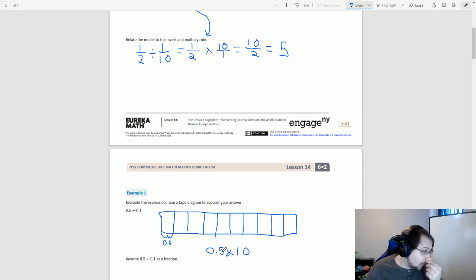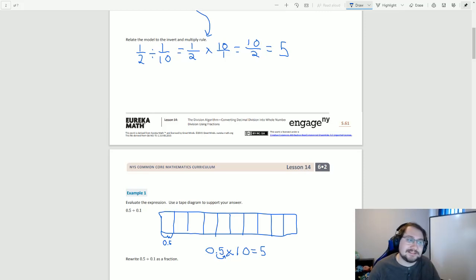And then when I'm multiplying something by 10, especially when it comes to the decimal, a big thing that I could just do is I could take my decimal and move it over 1. And that's going to give me 5, which, as I'm sure you'll see, is the exact same answer that we have up there.